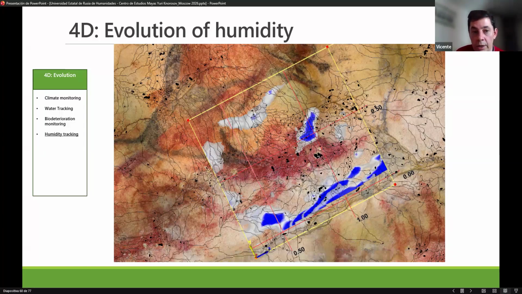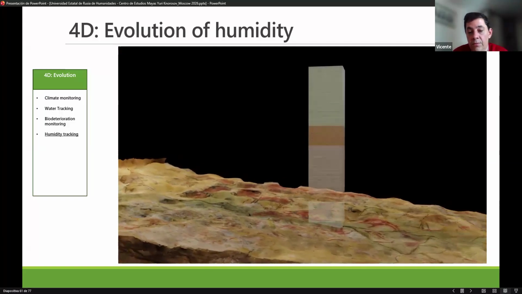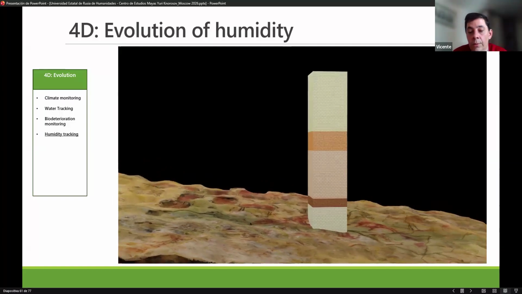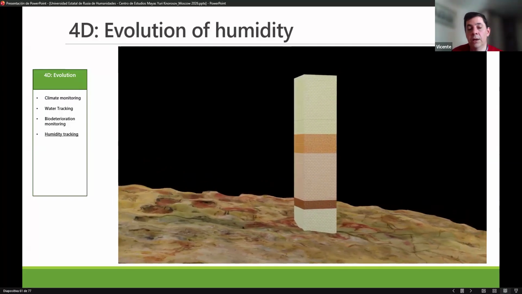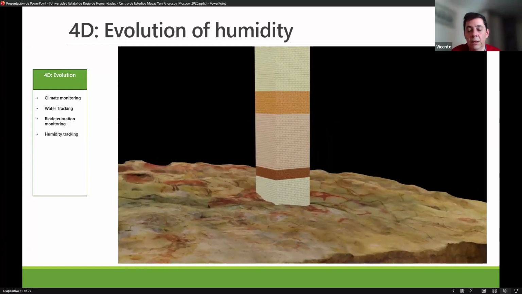So this is what we are doing to monitor the humidity in the roof of Altamira, just to prevent pigment from falling to the soil. Here you can see that, instead of the first 40 centimeters, you need to control all of it. You have to use GPR antennas of different frequencies.